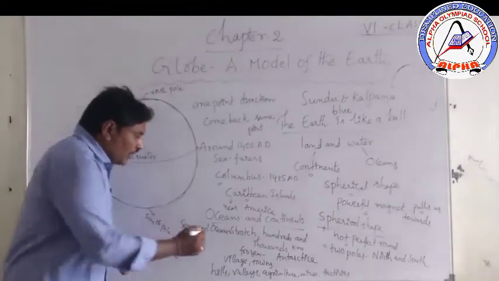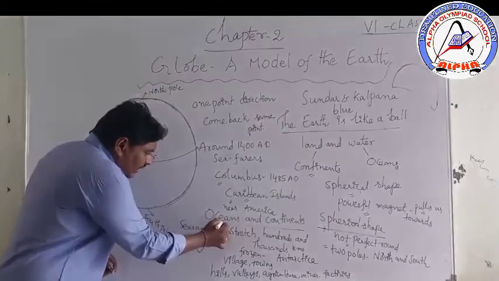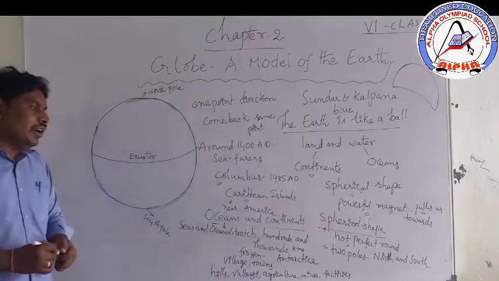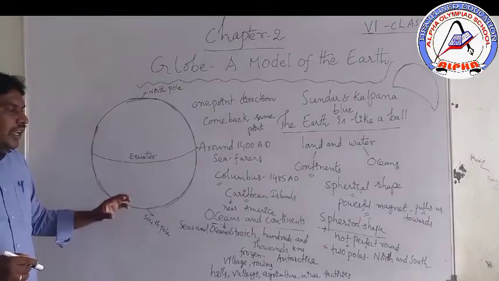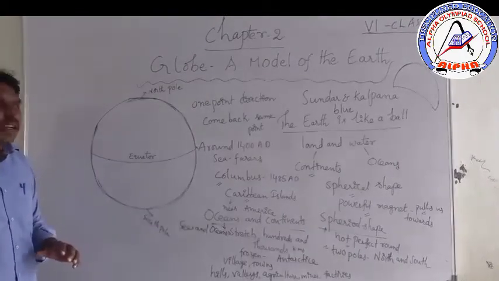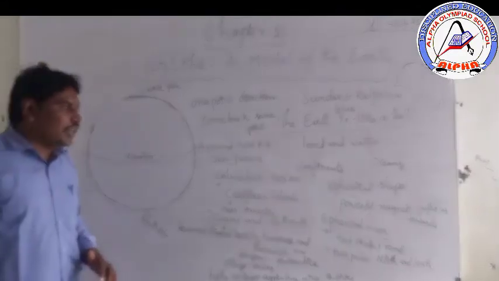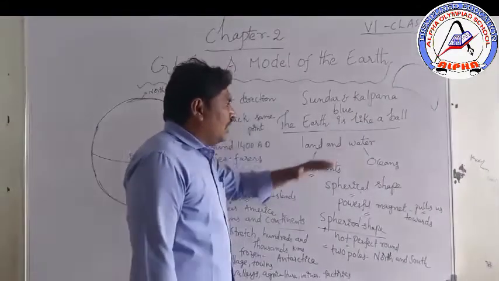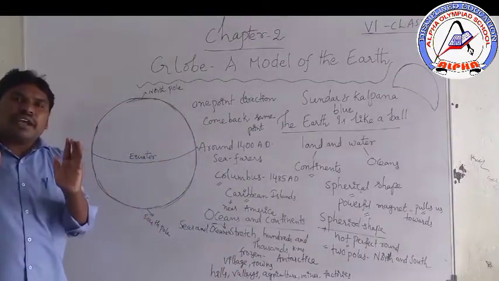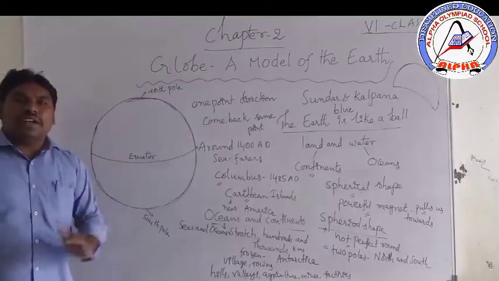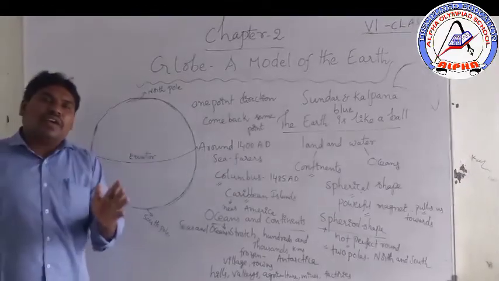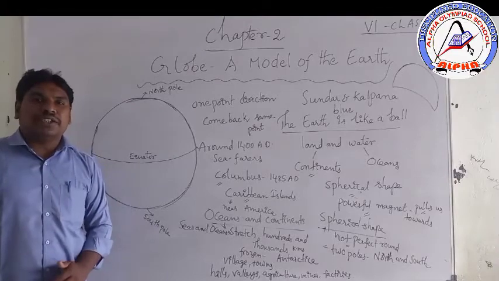Next, we can go to the next part of this lesson, oceans and continents. You already know land and water. Actually, we can observe water only on our earth. That is the reason we call our earth the water planet.